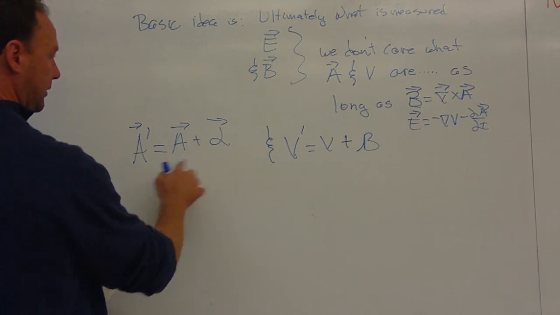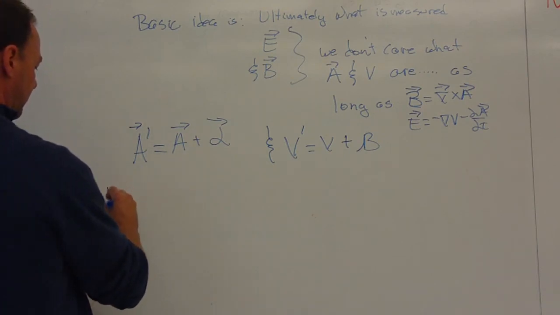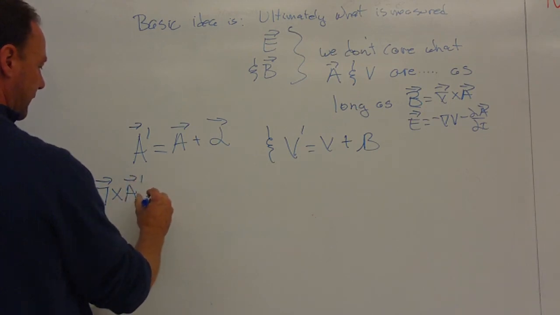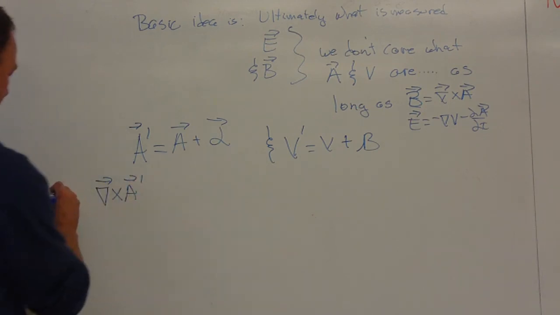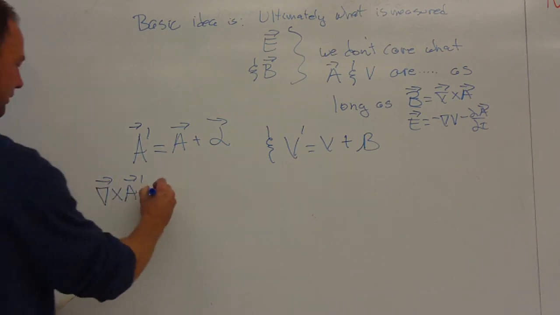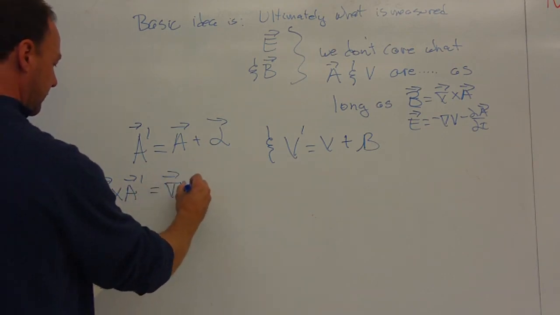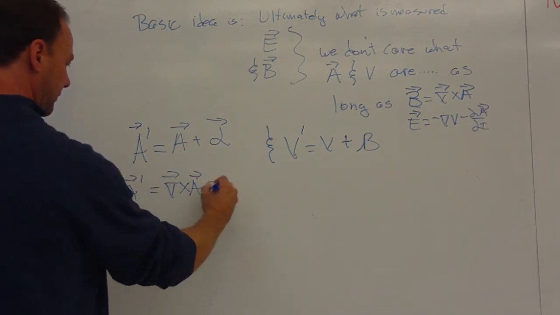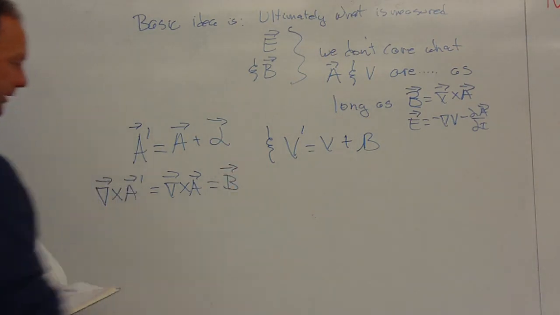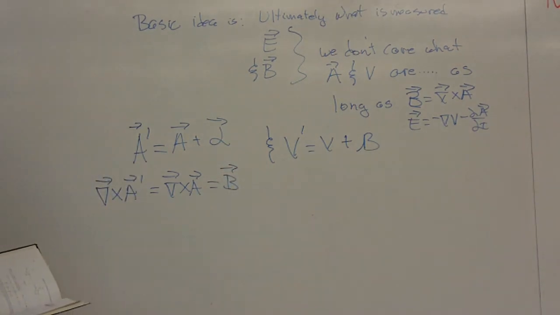Working with this, we want the curl of A prime to equal B. So B, let me write it this way, equals the curl of A. That's what we want. I'm doing this extra step, which I think is important to write in.